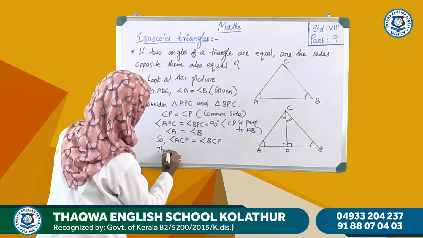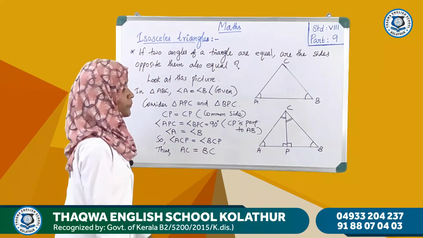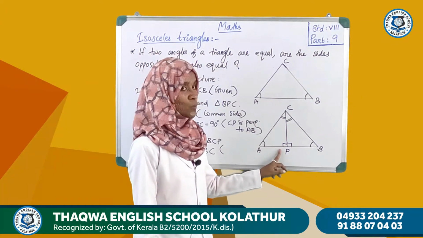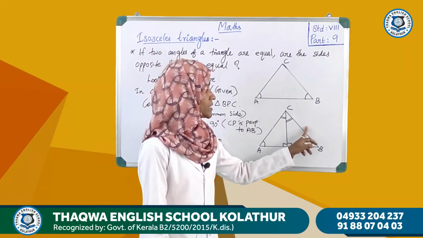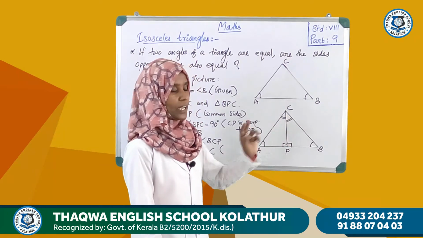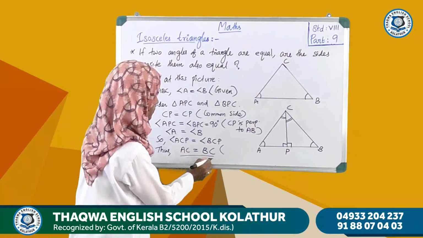Thus, AC equals BC. Why? AC is opposite to angle APC, and BC is opposite to angle BPC. So we can say that AC equals BC.